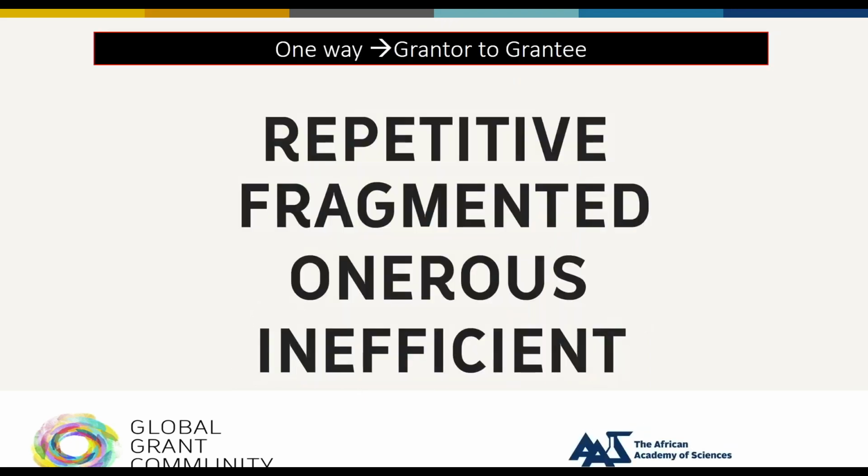And therefore, the end result of all of that is that there is a one-way traffic between the grantor and the grantee. It's repetitive, it's fragmented, it's onerous, and it's very inefficient. And I'm sure that people on this call today would recognize those situations. I certainly feel it here in the network that I'm CFO for.